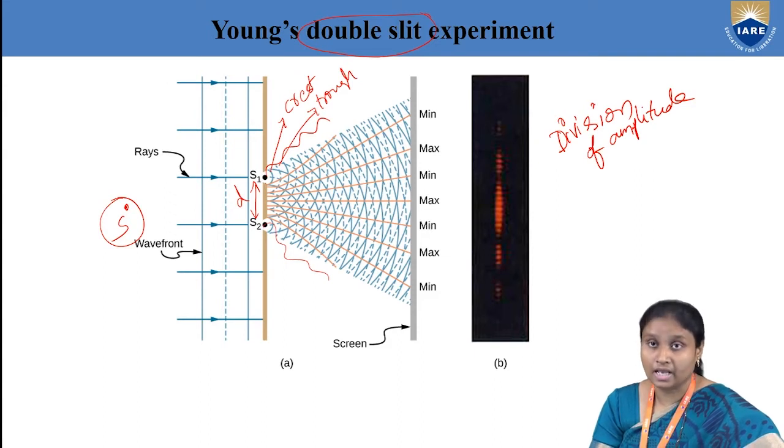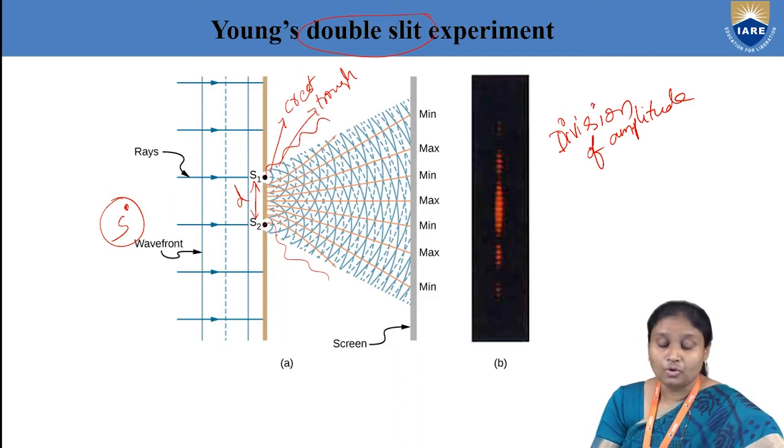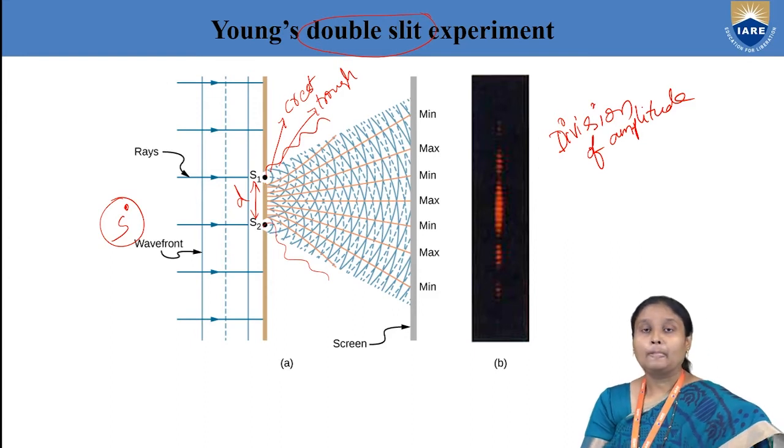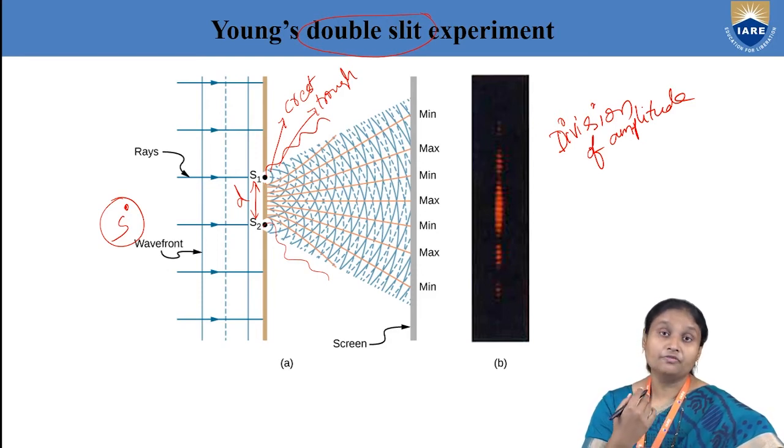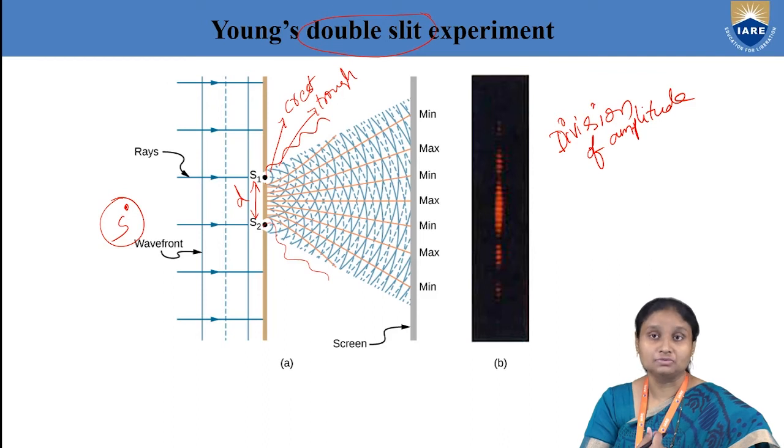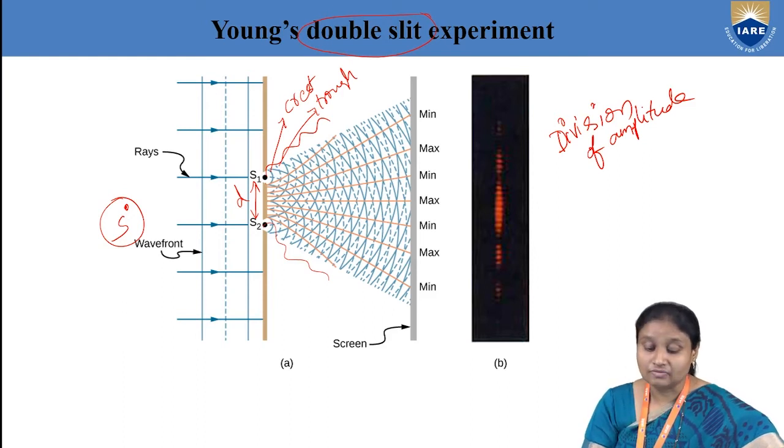They are getting overlapped. When they overlap, what you will observe is that when the solid line, or crest, of S1 falls on the crest of S2, or the solid line of S1 coincides with the solid line of S2, or the trough of S1 falls on the trough of S2, or the dotted line of S1 coincides with the dotted line of S2, they are in phase with each other, and our resultant intensity will be maximum.